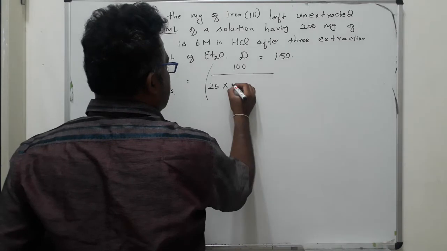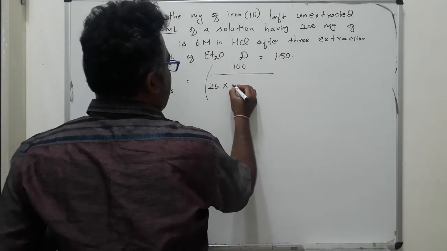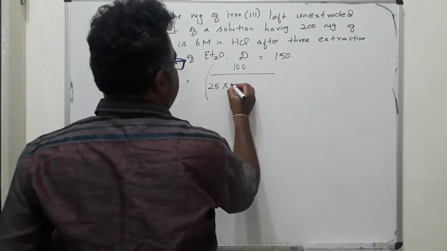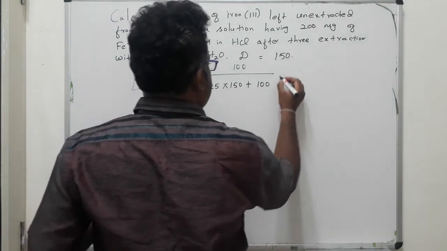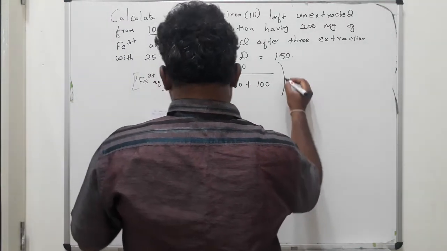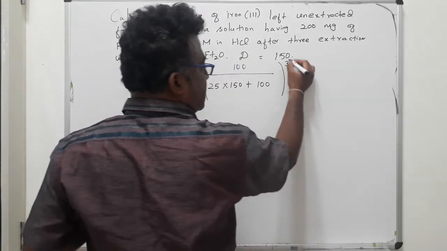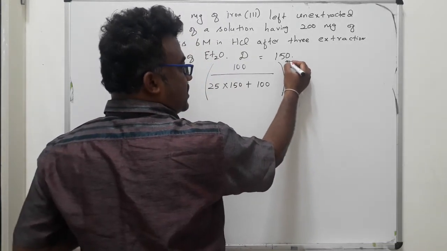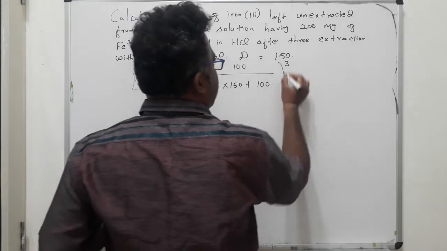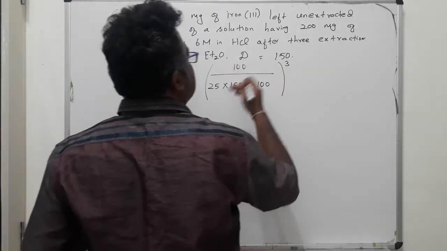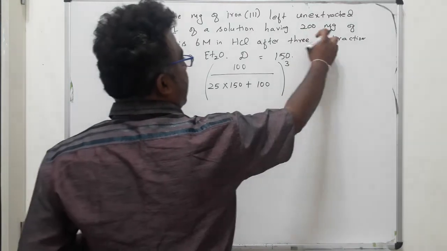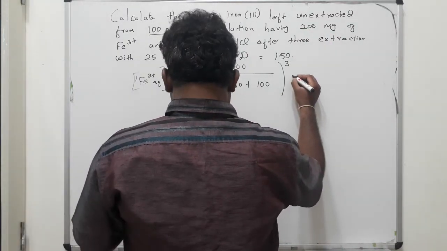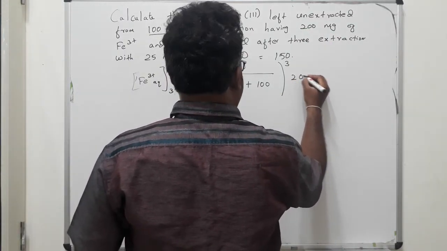So 25 into distribution ratio 150 plus 100, whole power 3, because they extracted 3 times, with the initial concentration. Initially 200 milligram of iron 3 plus is present, so you have to multiply by 200.